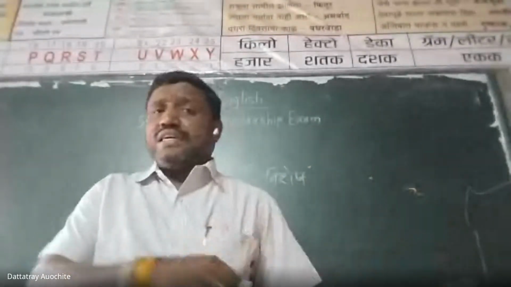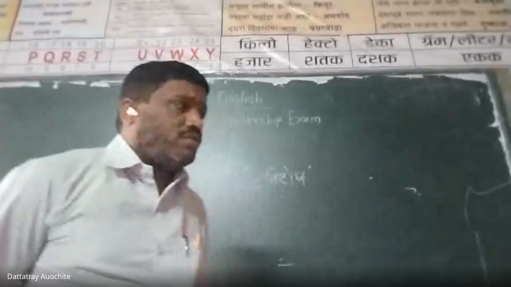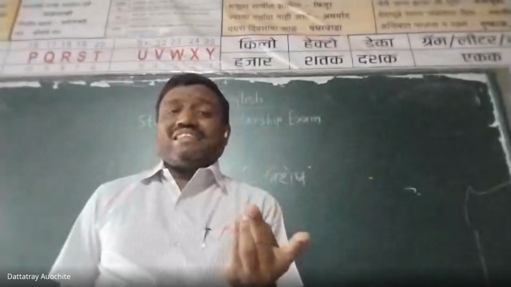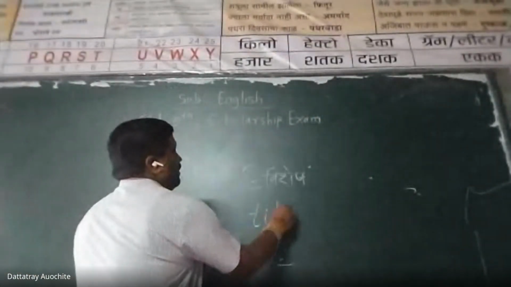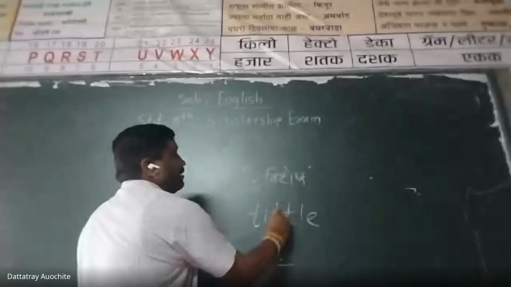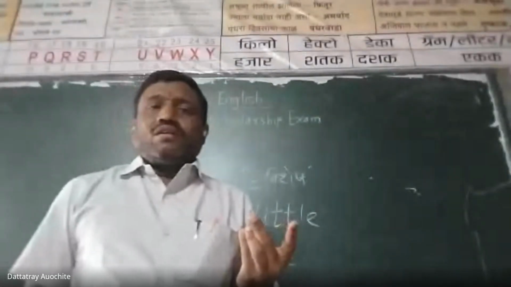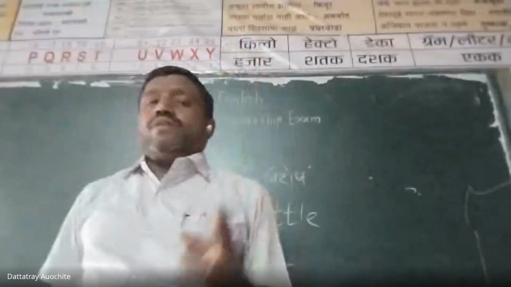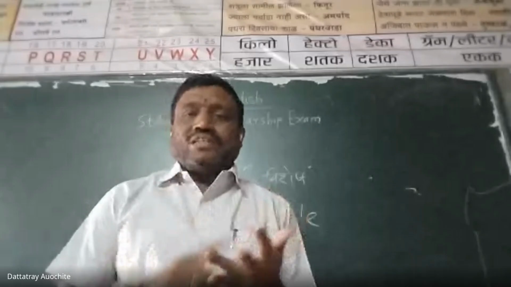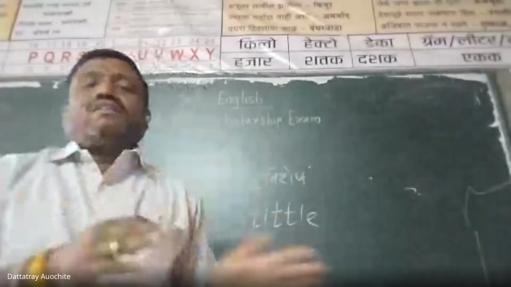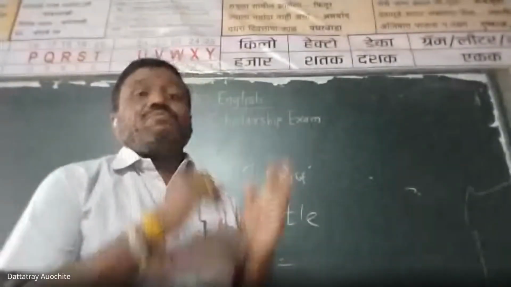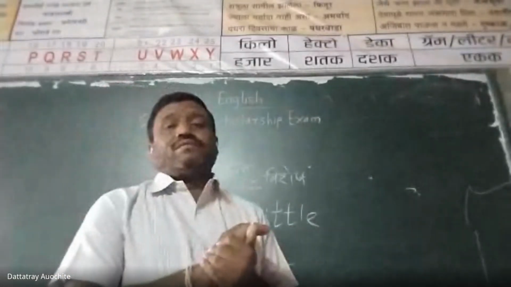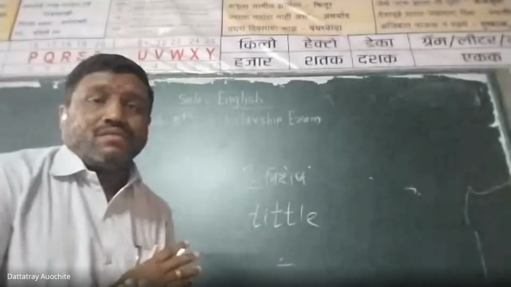Apart from these, there are also some proper nouns such as titles, some titles, upadhi, some occupations, some names of days, Monday, Tuesday, Wednesday, names of months, names of festivals, Diwali, Dashera.